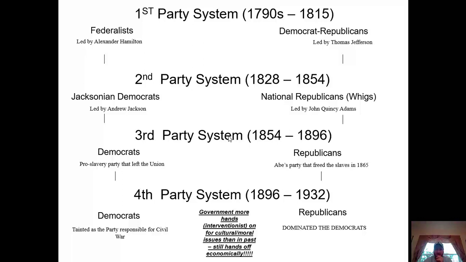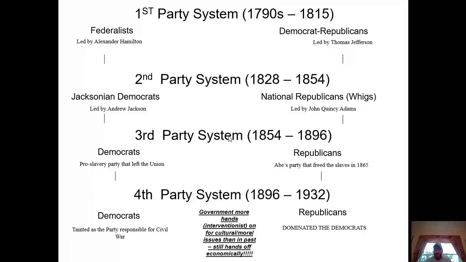And a lot of your Southern Whigs became Democrats. So the third party system was your pro-slavery Democrats versus your anti-expansion-of-slavery Republicans. Those are the two modern day political parties that we have today.